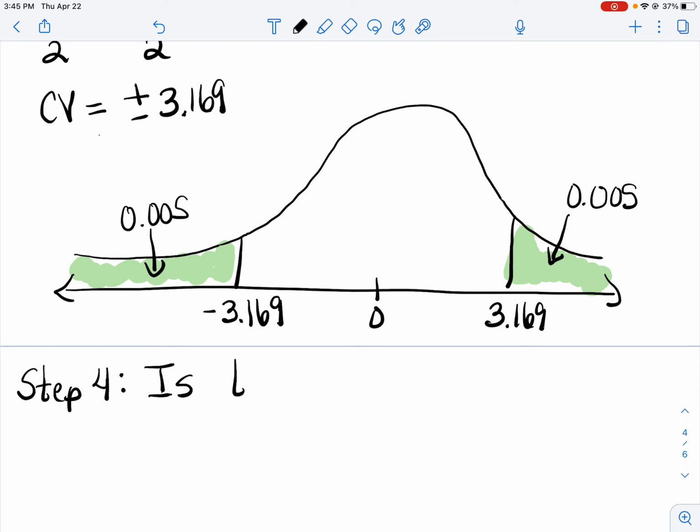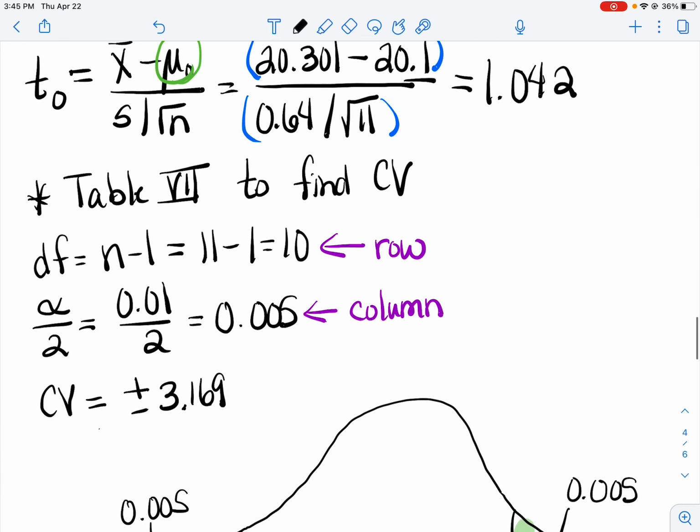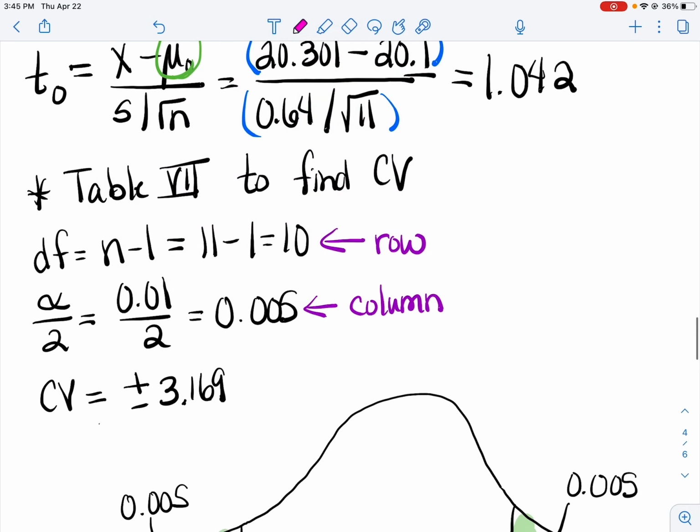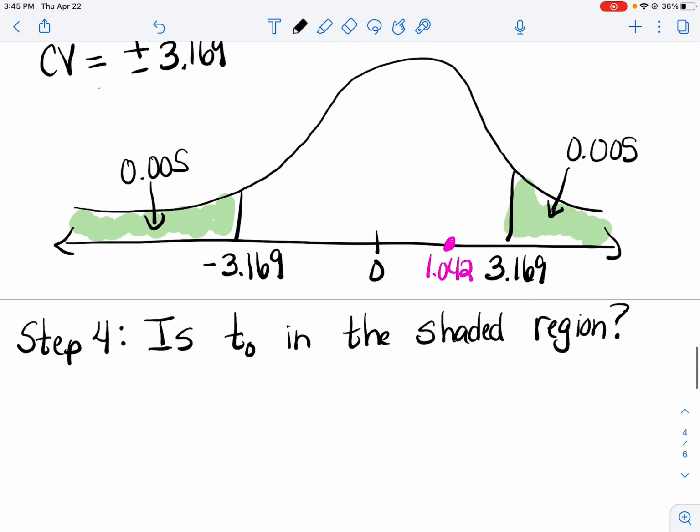Step 4. Is our test statistic in the shaded region? My test statistic was 1.042. 1.042 is somewhere right in here. So our answer here is no, and we do not reject H naught.